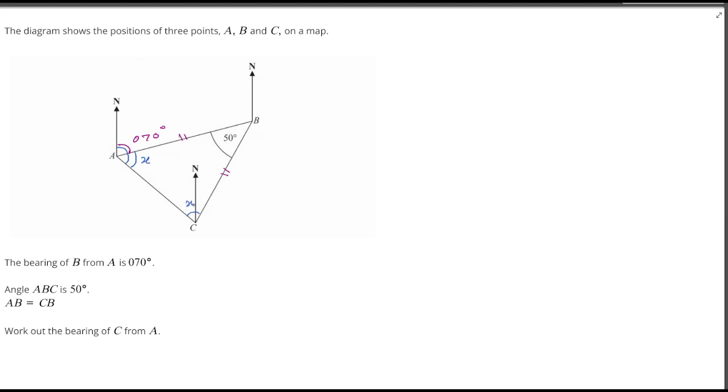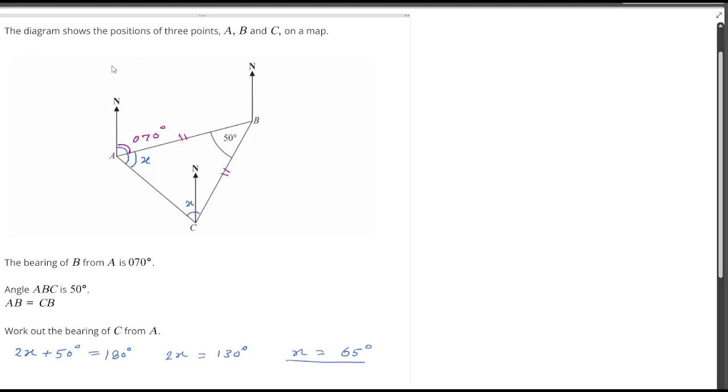Let us consider them as x. So here we have 2x plus 50 degrees equals 180 degrees. That gives me the value of 2x as 180 minus 50, which is 130 degrees, and therefore the value of x is 65 degrees.